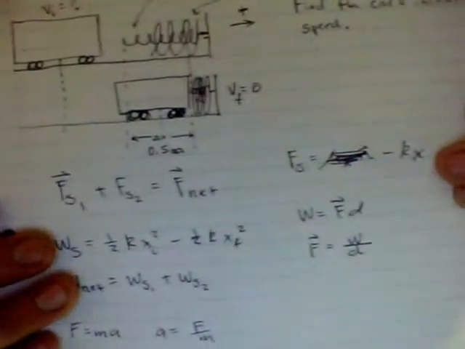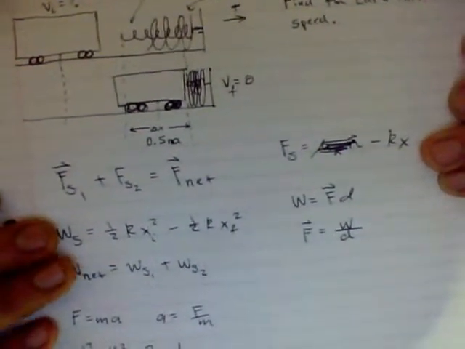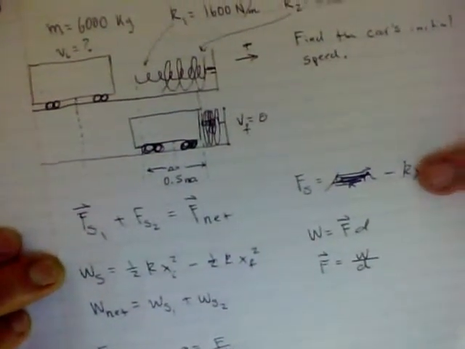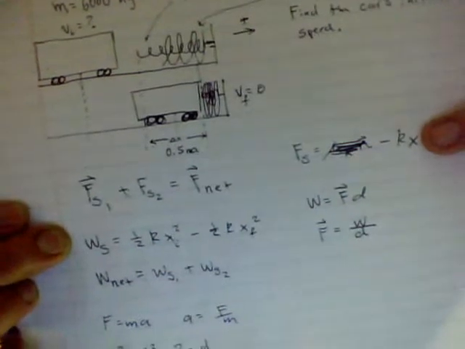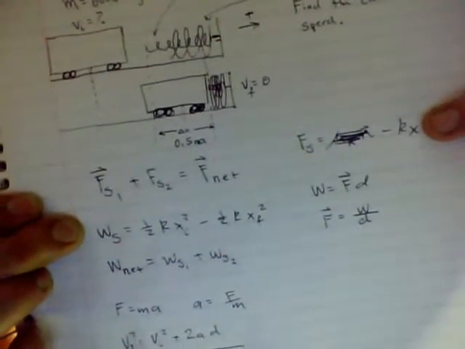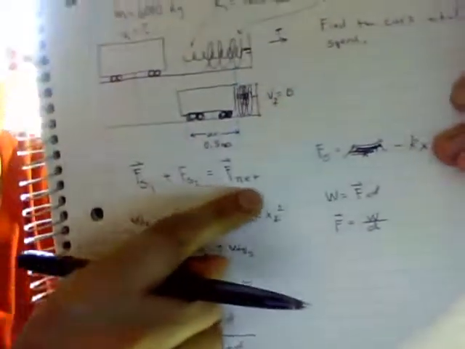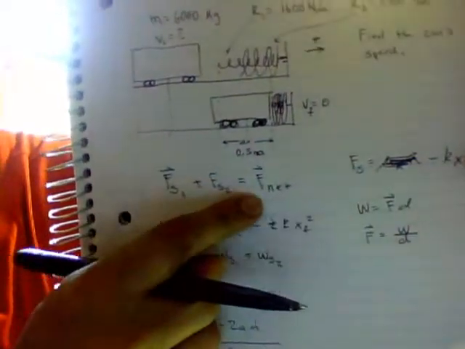There you go, like that. Force of spring is negative kx. And you're going to do that for the first spring and the second spring to find your net force. So let's go ahead and plug that in.